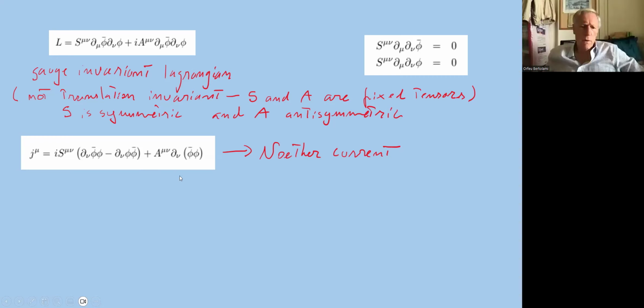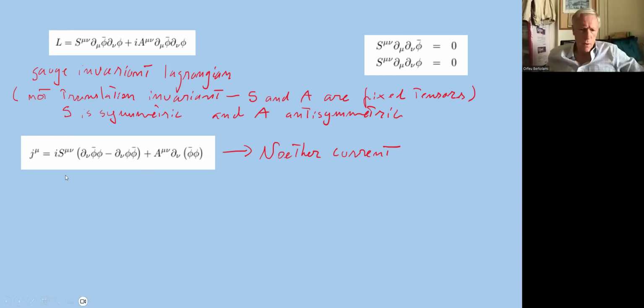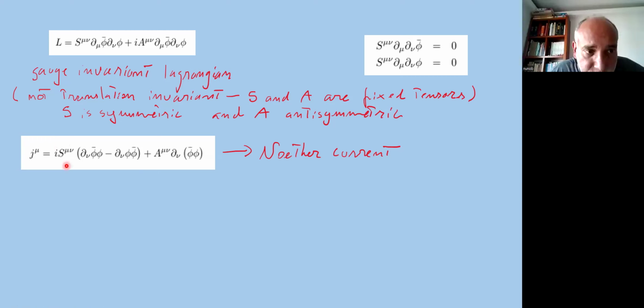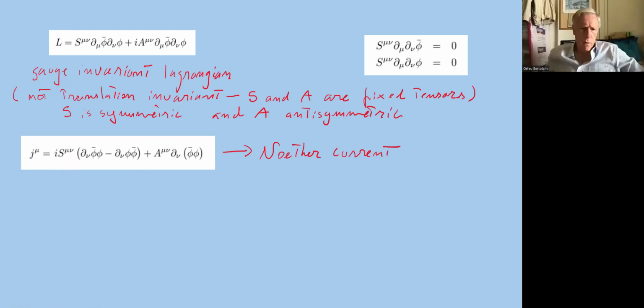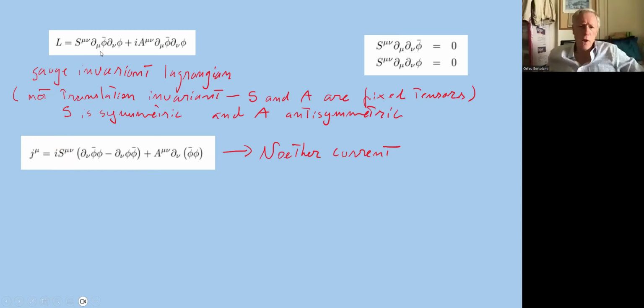I look at your action, and you told us that S mu nu is symmetric. Yes, this tensor is symmetric. Yeah, but this symmetry is not obvious from the Lagrangian. In the kinetic energy term, it doesn't look symmetric.